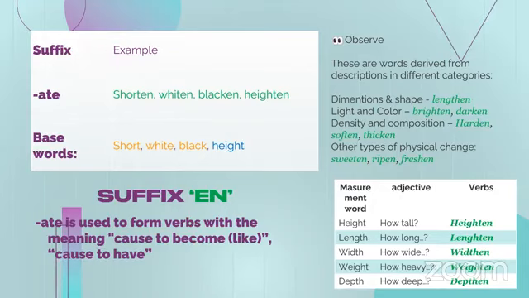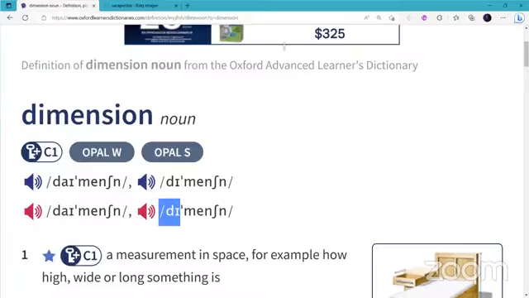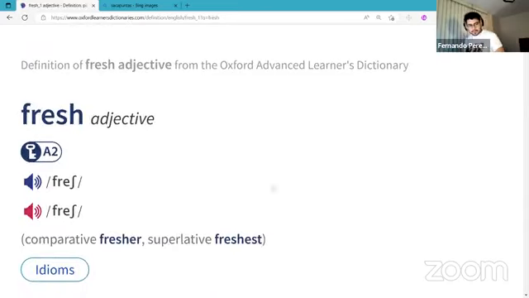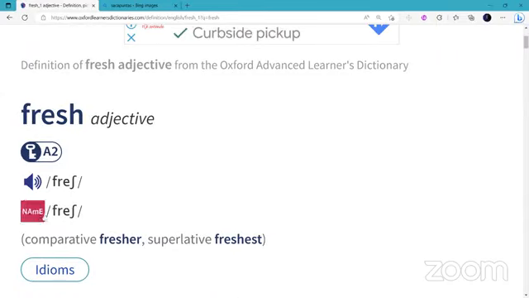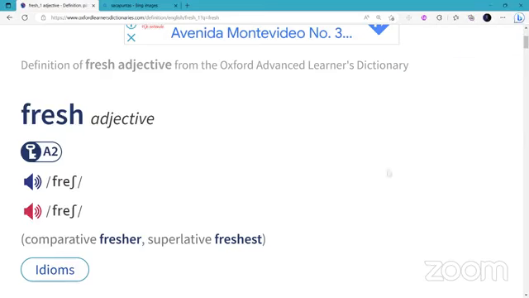Sweeten, ripen, freshen. How do you pronounce this? Fresh. So when something becomes fresh, you freshen it. Freshen. Okay.